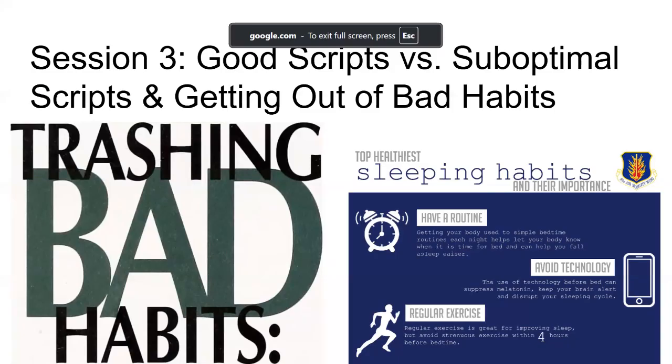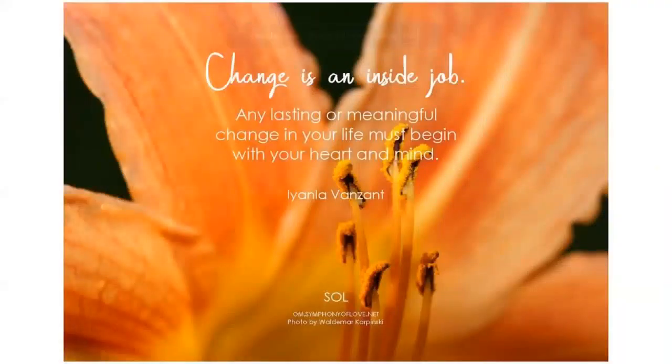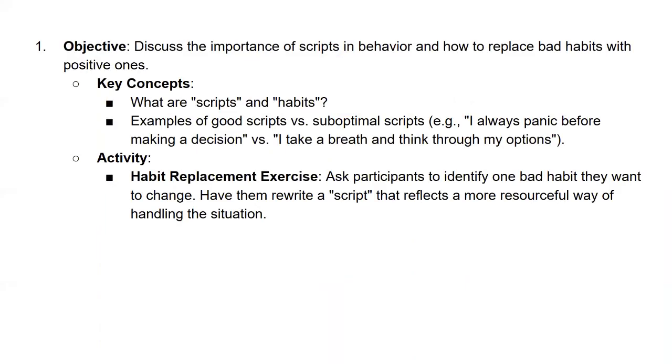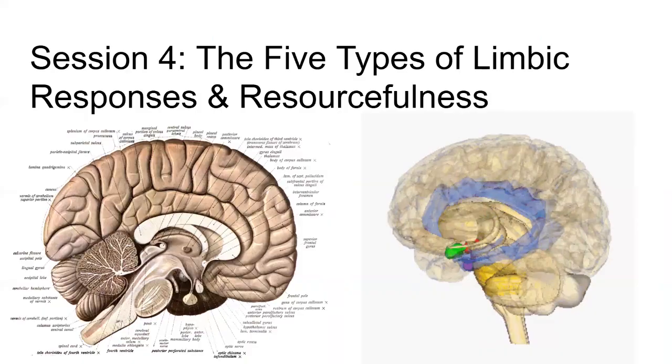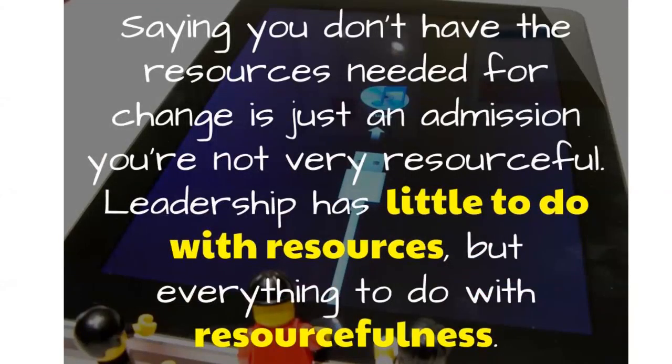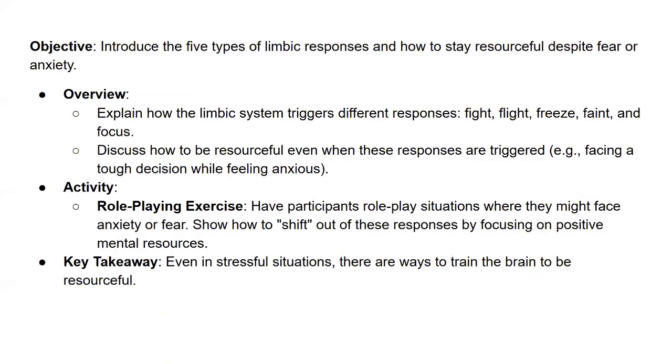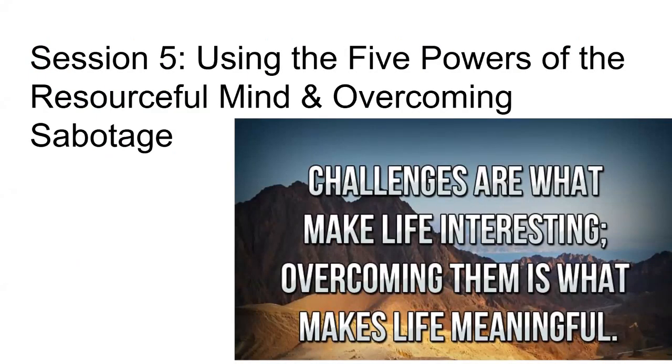There we go. So I just did a lot of different things, and I liked that brain there. And then some sayings about being resourceful, and session 5, using the 5 powers of the resourceful mind and overcoming sabotage.